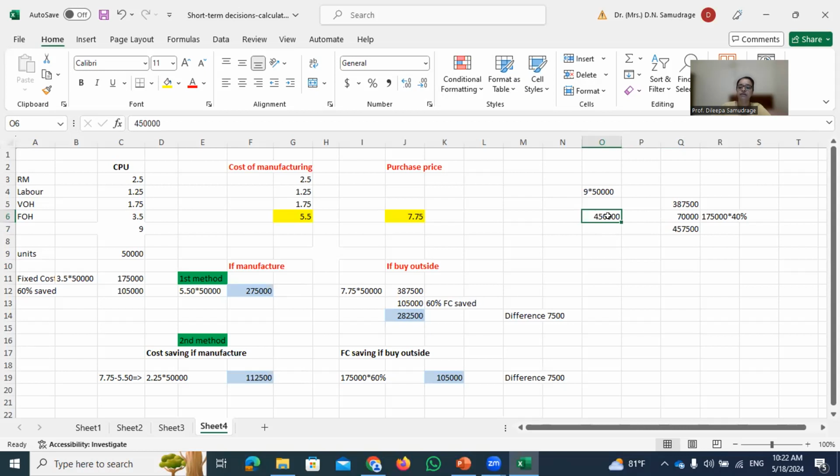Right? So see the gap. It's the same thing, 7,500. The difference is the same. Clear? So there are different ways of calculating it. These are very simple calculations, so don't expect these types of calculations during your examination.